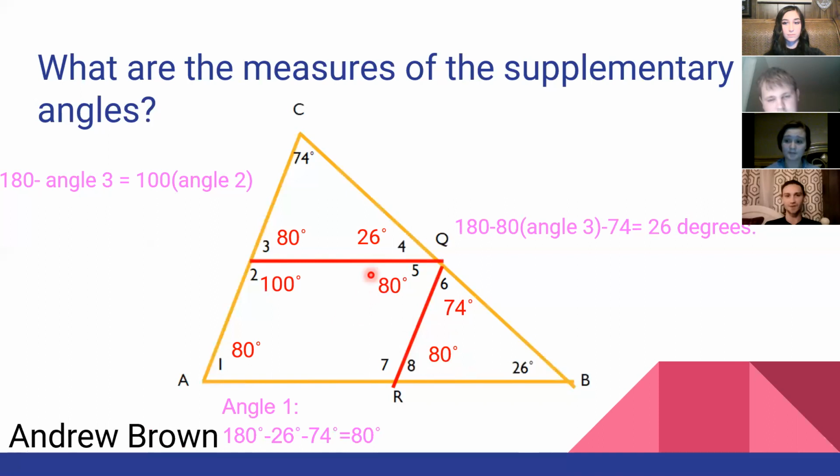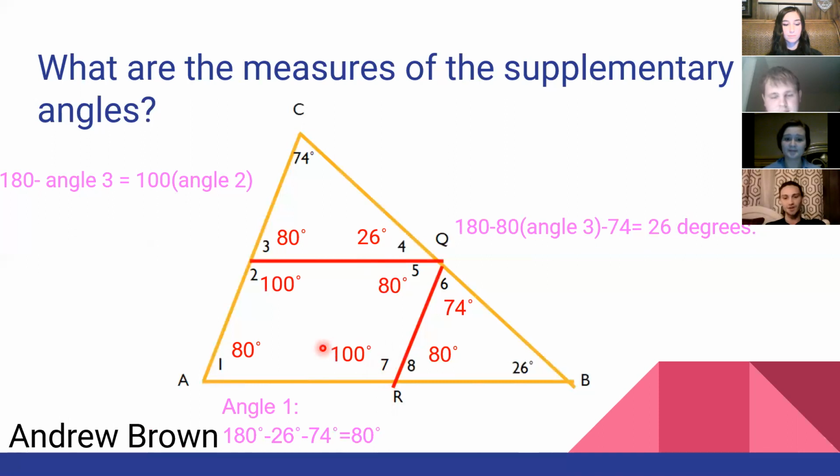This is very similar to how we figured out point Q, angle 4 right here for 26. Like I said, the interior angles of a triangle have to add up to 180 degrees. So we just go ahead and add these two up right here, subtract them from 180, and we'd get 80 for angle 8. And for angle 7, since it's congruent to angle 2, it'd also be the same angle, 100 degrees, right here.